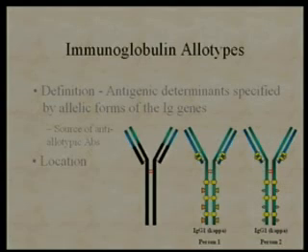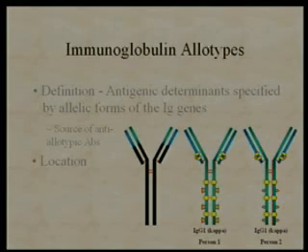So where are they found? Theoretically, there's no reason why the allotypes couldn't be anywhere on the immunoglobulin molecule. In theory, they should be everywhere. But in fact, all the known human allotypes are located in either the constant region of the heavy chain or the constant region of the light chain.